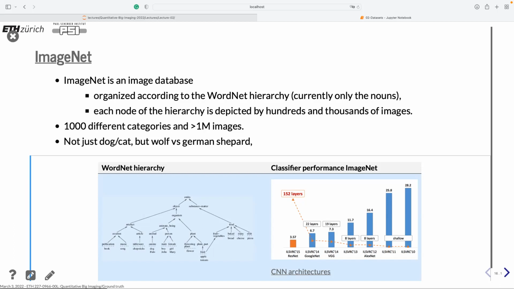I think the error rate is decreasing with the number of layers. Here you can see on some ImageNet classification tests, you only have 4% error. In the beginning, when they started, they had 28% error. So there has been a lot of improvement with available computational power.